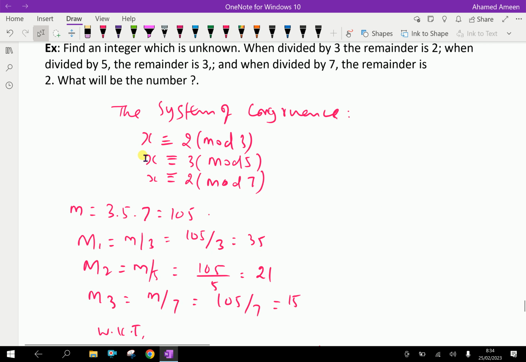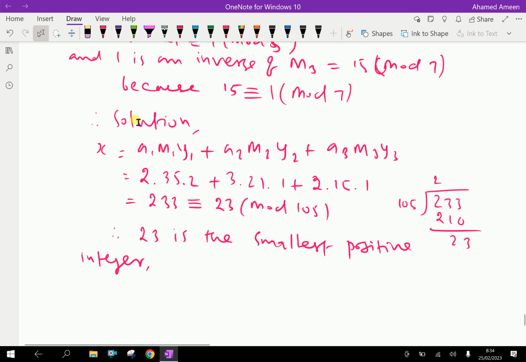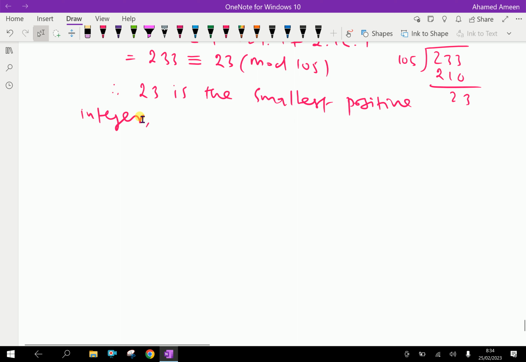If you put in 23, you get all the solutions simultaneously. Instead of x, we can write 23 congruent to 2 mod 3, which means if we divide 23 by 3, the remainder is 2.